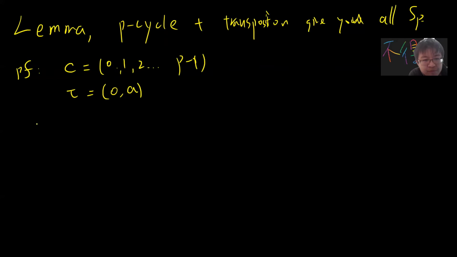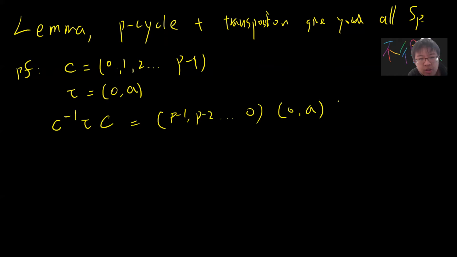Okay. So a simple calculation is that you can check c inverse and tau acting on c, and let's check it, right? So you get p minus 1, p minus 2, to 0, and (0 A), and 0, 1, 2, to p minus 1. Suppose this is 1.